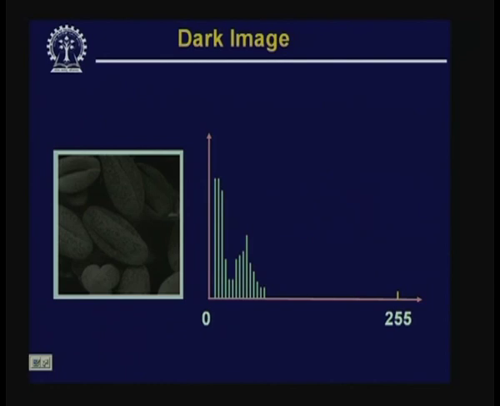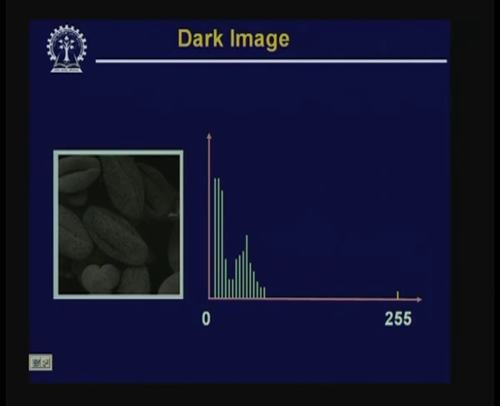And on the right hand side we have shown the corresponding histogram, and you find that this histogram shows that most of the pixels in this particular image have an intensity value which is near about 0 and there is practically no pixel having higher intensity values, and that is what gives this particular image a dark appearance.